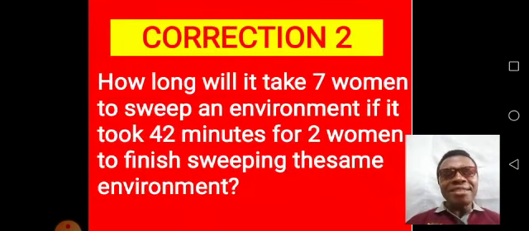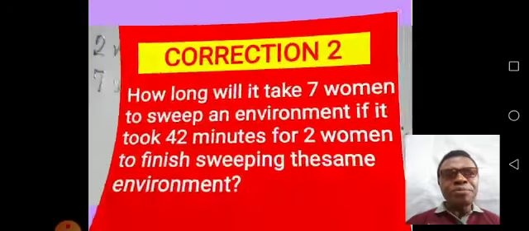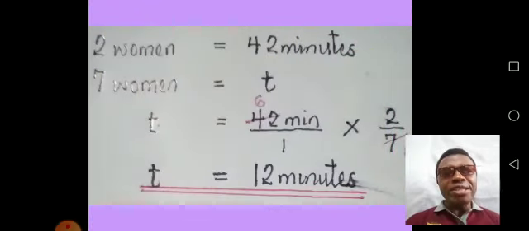All right. Number 2: how long will it take 7 women to sweep an environment if it took 42 minutes for 2 women to finish sweeping the same environment? So 2 women equals 42 minutes, and then 7 women will be equal to an unknown time t.